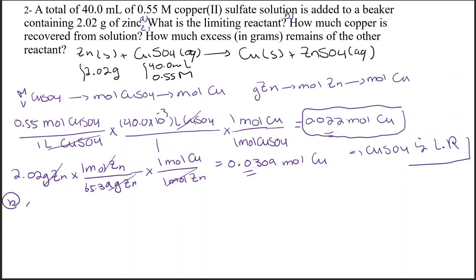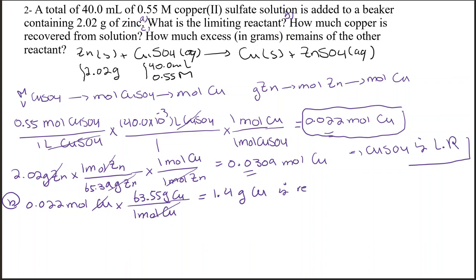So 0.022 moles of copper. To convert it to mass, we're going to have to use the molar mass of copper. So 1 mole of copper is 63.55 grams of copper. And from here you would expect 1.4 grams of copper.